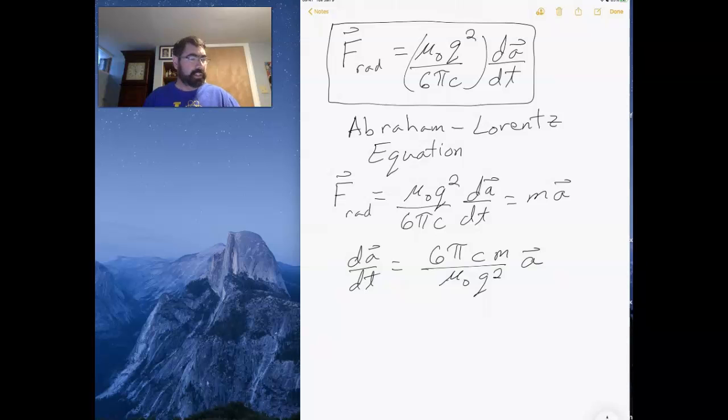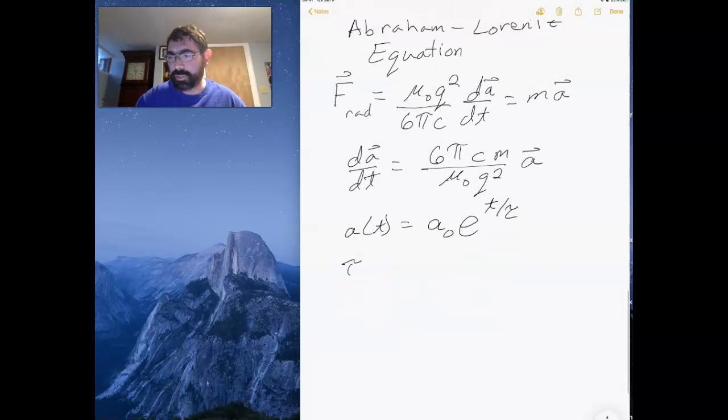Okay. If you were to integrate that with respect to time, you would get a time-dependent acceleration equation, which essentially says you would have some initial acceleration at time t equals 0, times e to the t over a time constant, and that time constant is mu 0 q squared over 6 pi times the mass of the particle times the speed of light.